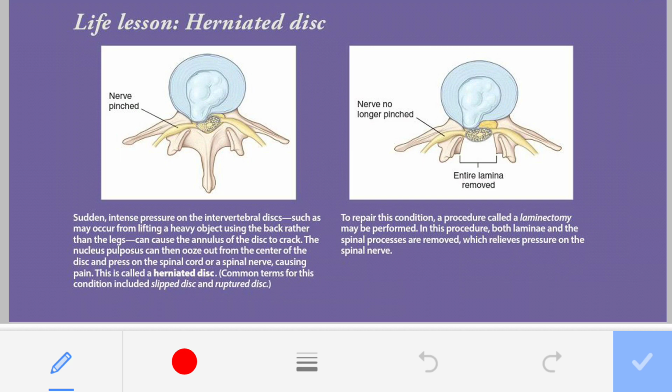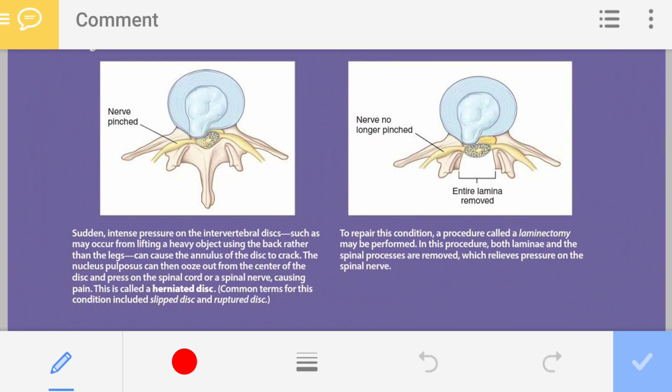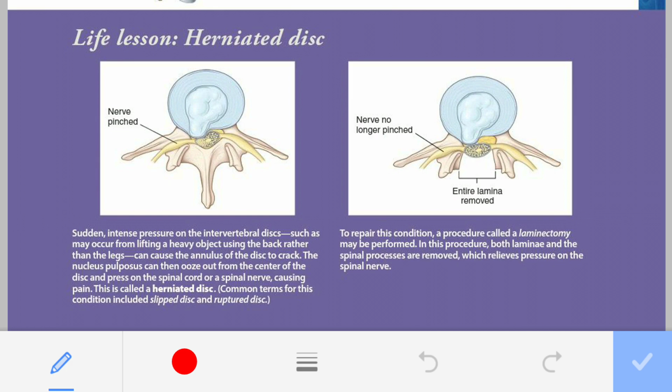At that time, due to the jerk, the pulpy part present inside, the jelly-like part or the highly elastic substance, oozes out, it is coming out. Okay, so now, as you can see, the nucleus pulposus is coming out.